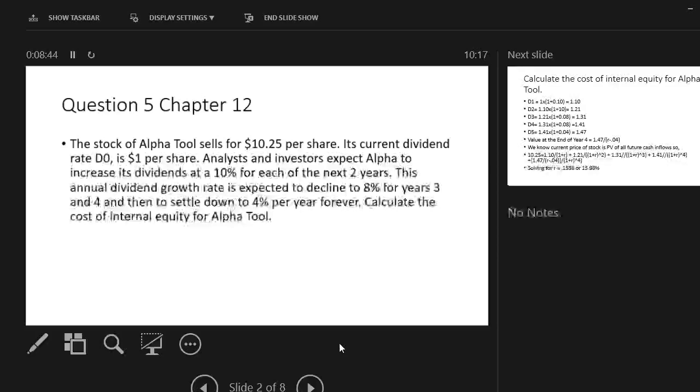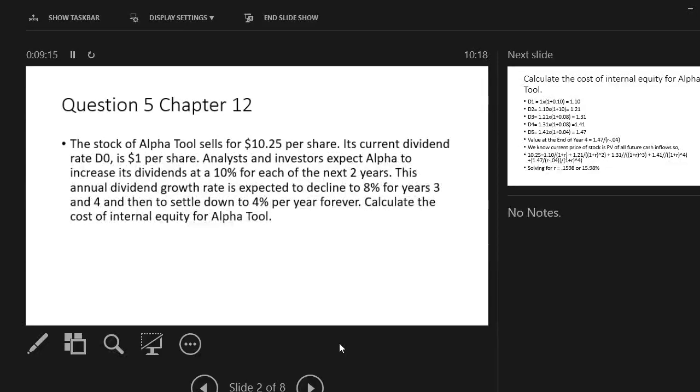Analysts and investors expect Alpha to increase its dividends at 10% for each of the next 2 years. So from year one and year 2, the dividend is going to be increasing by 10% each year. So this annual dividend growth rate is expected to decline to 8% for years 3 and 4.